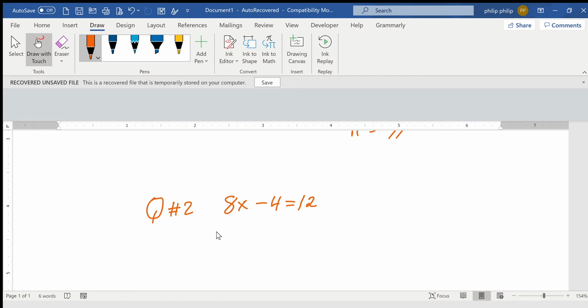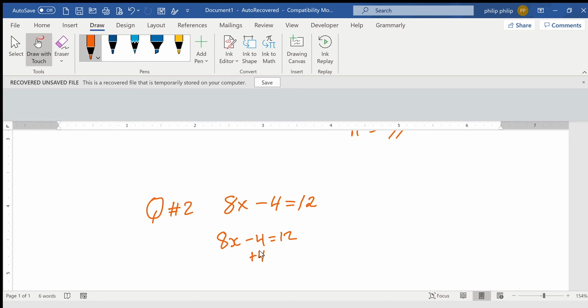So we rewrite our question. It's always good to rewrite your question. So we have 8x minus 4 equals 12. Alright, now just the same rules, guys. The opposite operation. So we have negative, so we use positive.